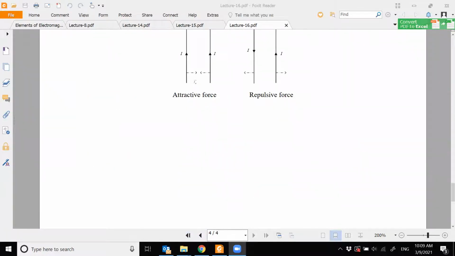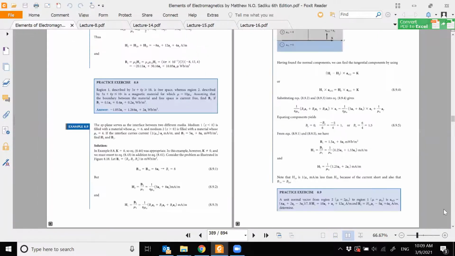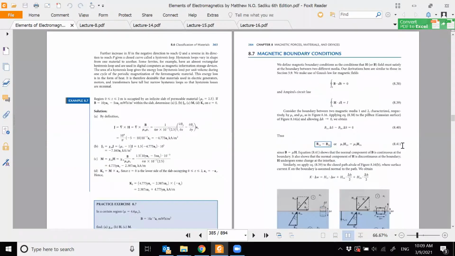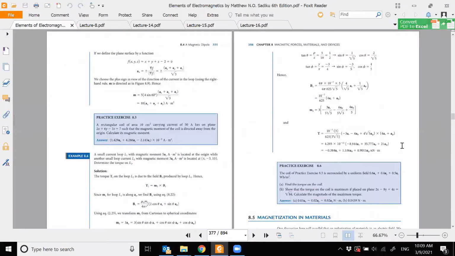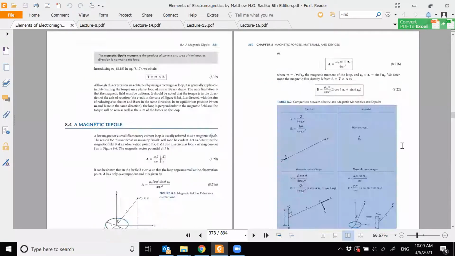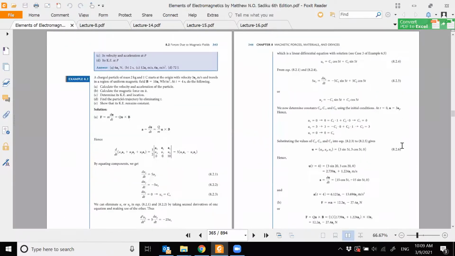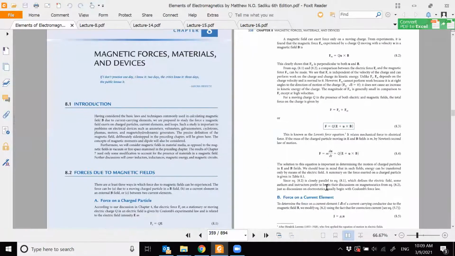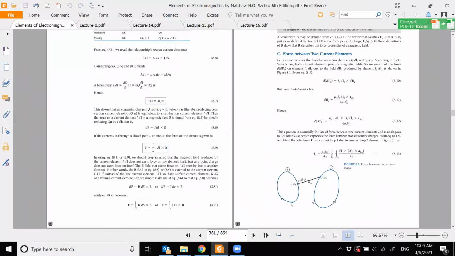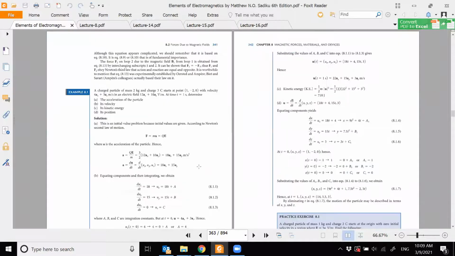Now let's move to our next topic. So that was the initial topic of this chapter, chapter number 8, which is the magnetic force. If you see here, there are examples for the charged particle as well, and similar kind of questions are there in the homework.